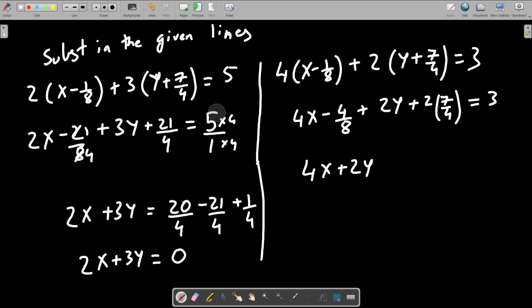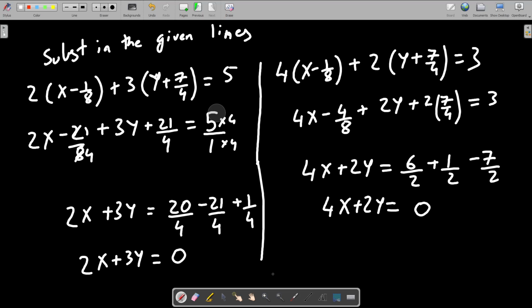I'll keep the denominator common as 2 and cancel things here. So this I'll write as 6 by 2, plus half, plus half, and this is going to become minus 7 by 2. Thus 2 and 4 cancelled out here. So this is also 0, because 6 plus 1 and minus 7. So 4X plus 2Y.